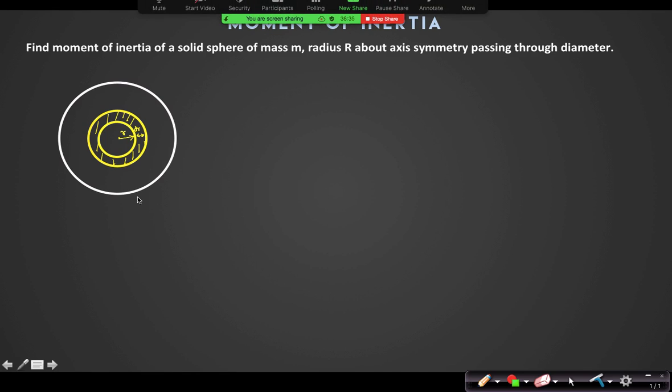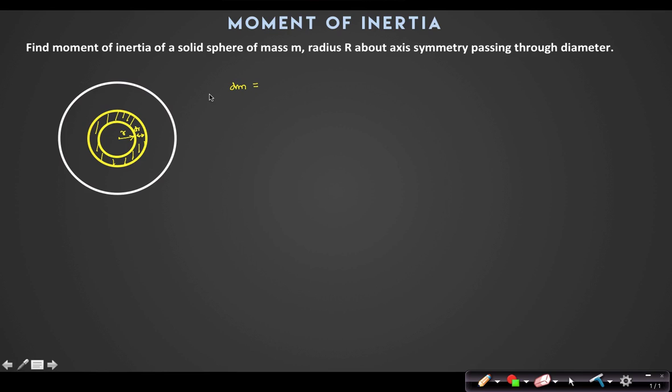Okay, let us calculate it. What is the mass of that small shell? Can you tell me what is the mass of that shell? Anyone wants to try?